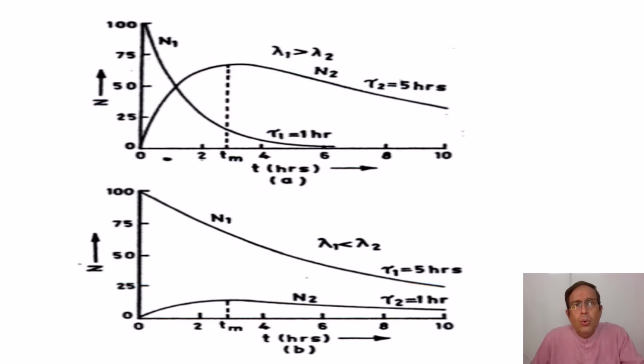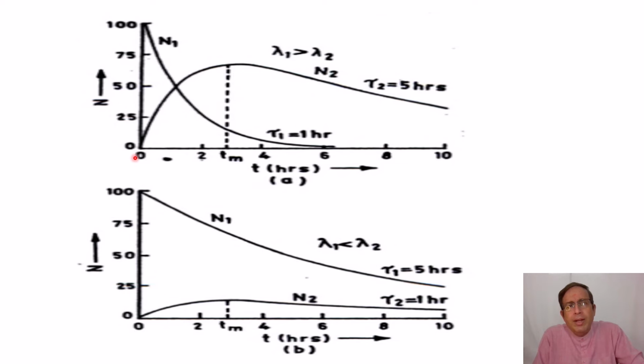So here I show two different scenarios. In the first scenario, in which no equilibrium is reached, the parent decay constant lambda 1 is larger than the daughter decay constant lambda 2. Since lambda 1 is much greater than lambda 2, the parent nucleus decays very fast and becomes almost zero, whereas lambda 2 is smaller.